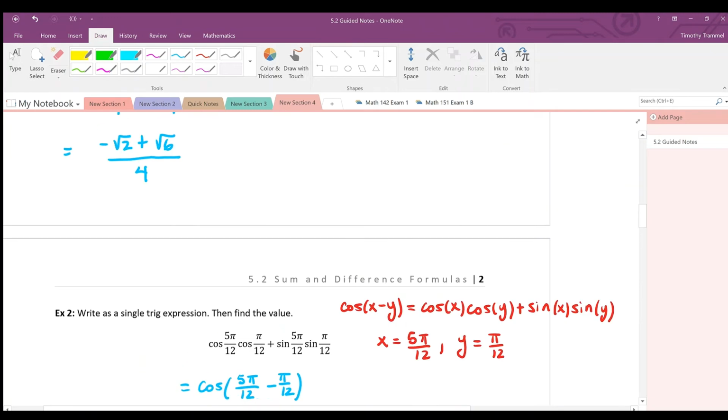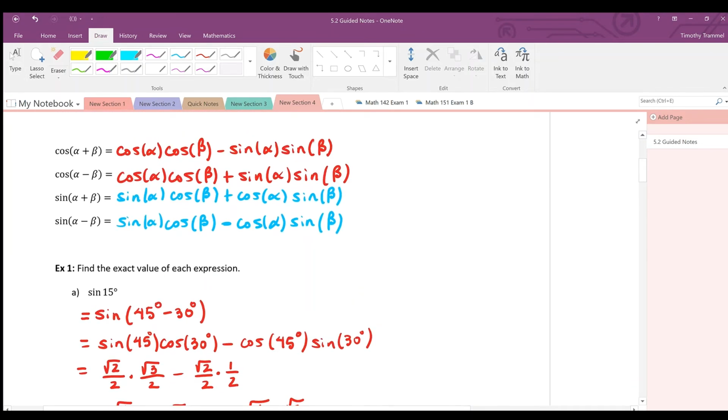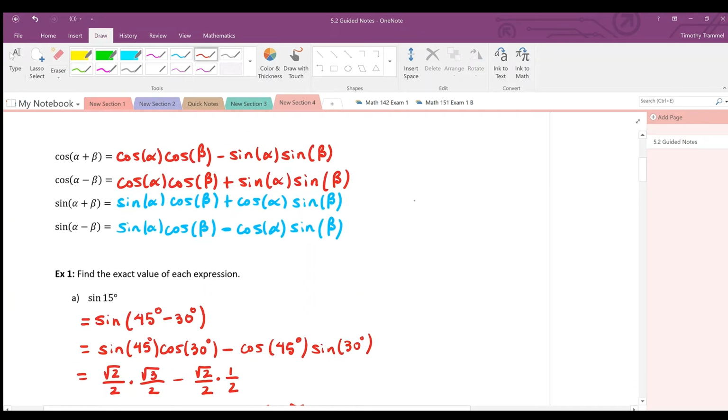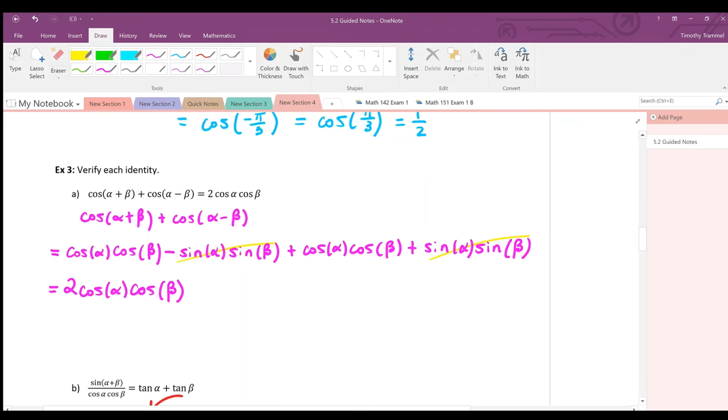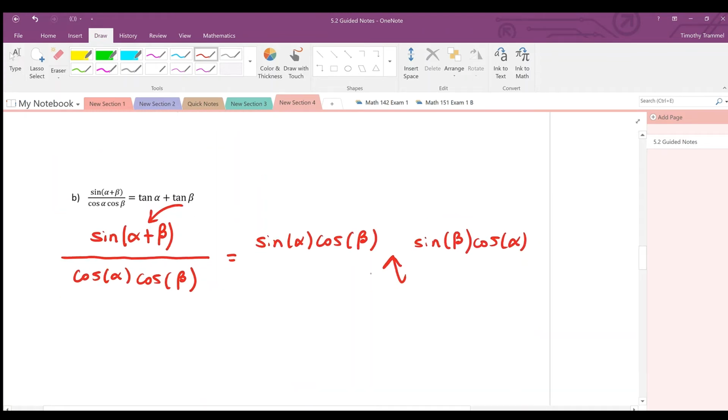We have sine of alpha plus beta. That's the third equation here. And you can see that the sign in the middle matches the sign in the trig function. So we'll go ahead and we'll put that addition sign here. And this is all over cosine of alpha cosine beta.